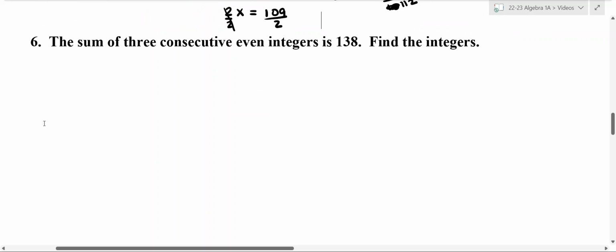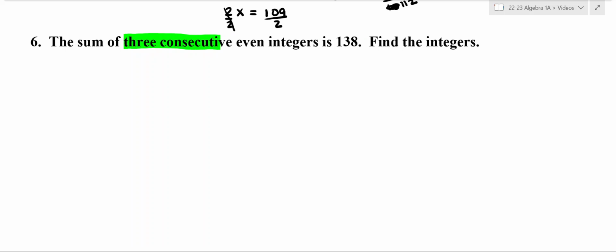All right, number 5. The sum of 3 consecutive even integers is 138. All right, 3 consecutive even integers. All right, and we have 3 of them. So it's the first number, the second number, the third number.